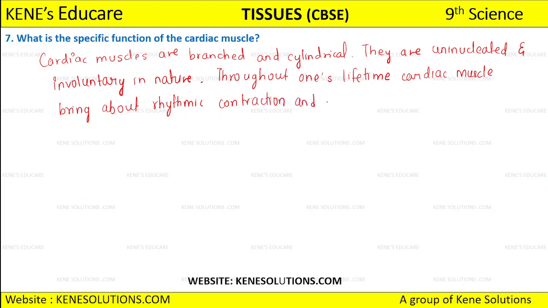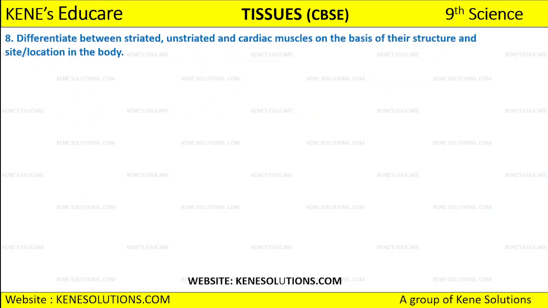So what is the function of cardiac muscle? Rhythmic contraction and relaxation. Now we have to differentiate between the striated, unstriated and cardiac muscle on the basis of their structure and location in the body.